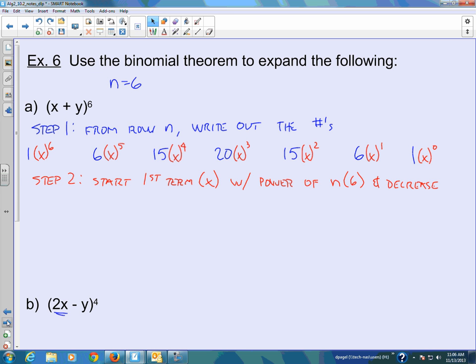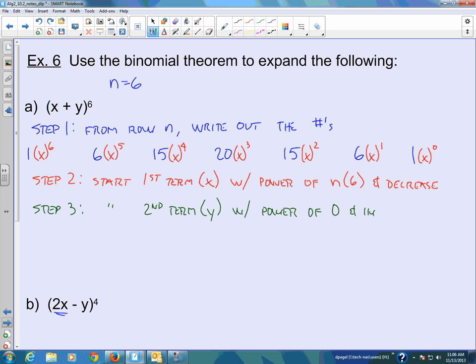Step 2, we started with the first term, and then the powers starting with 6 decrease. And then step 3, we break it down a little further. We start the second term of our binomial, which in this case was a y, with a power of 0 and increase to the power of n.